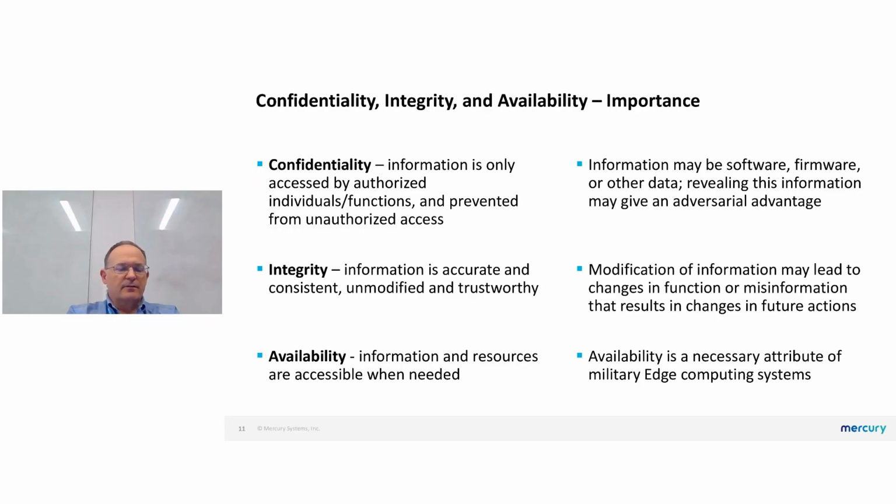So that's another very important characteristic. And then, we talked about availability on the last slide, so I won't dwell on this, but I think everyone will agree that availability is a necessary attribute of military edge compute systems.